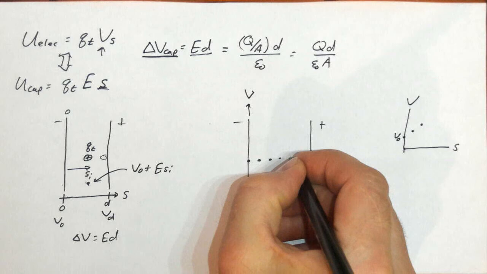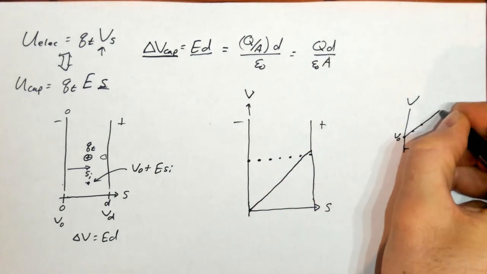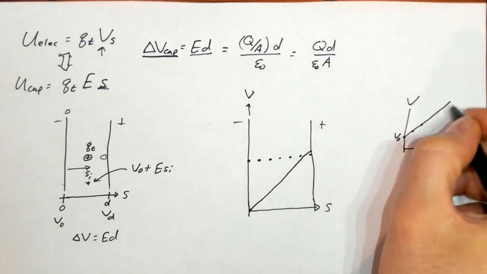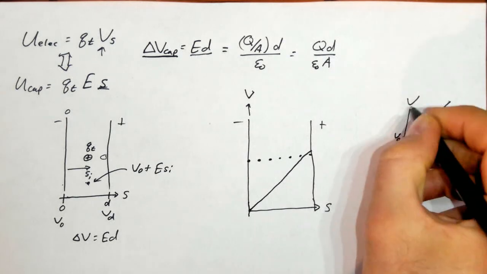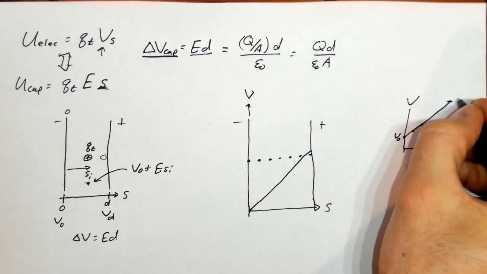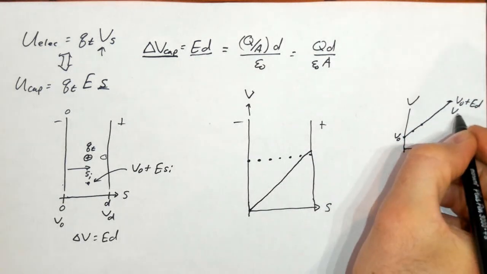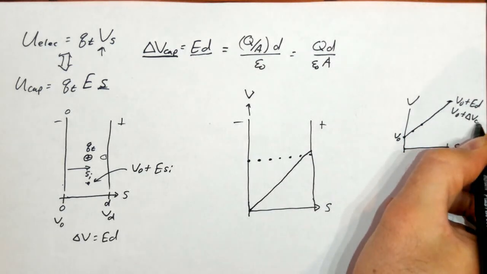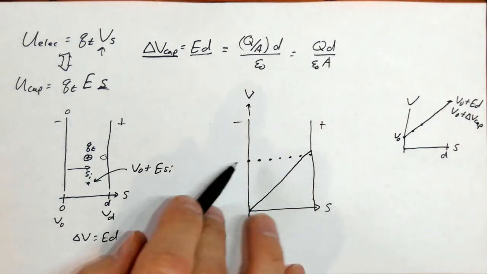As I step across here, it's going to just grow linearly until I reach a point, at D, which I didn't get my axis long enough for, where the value would be V0 plus ED, or V0 plus delta V of the capacitor. And so that's what's going on here.